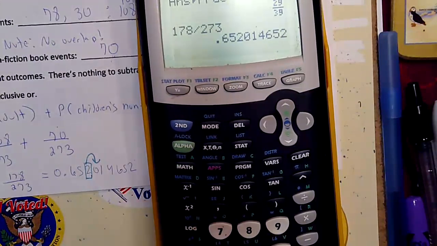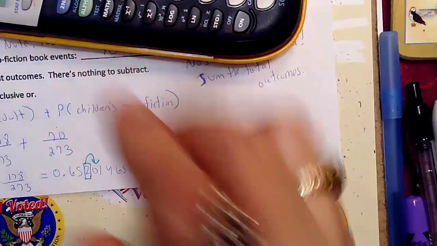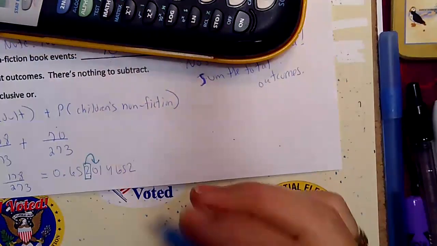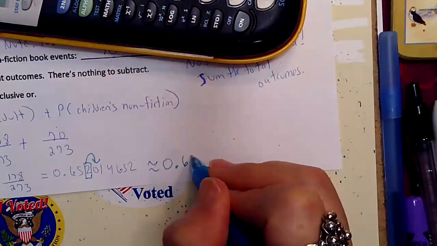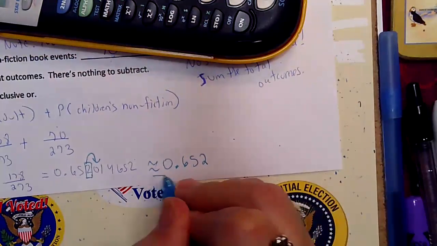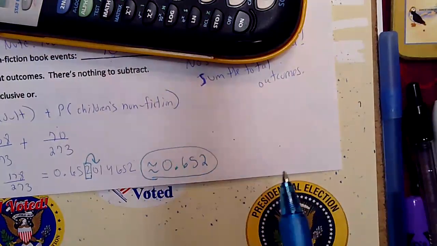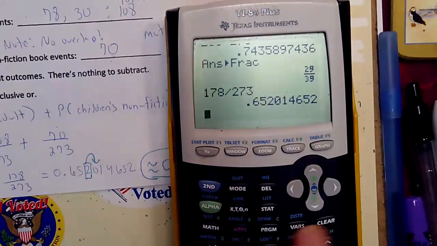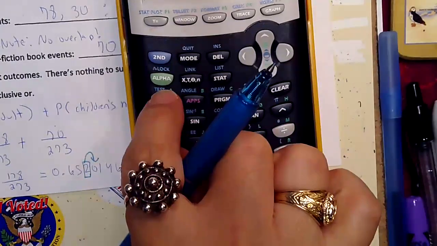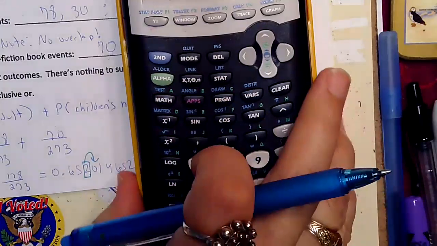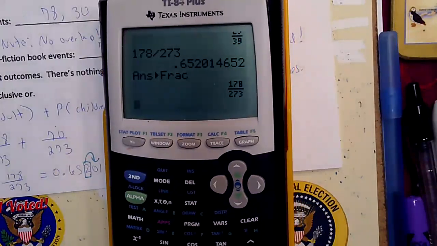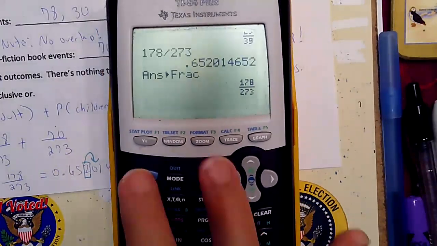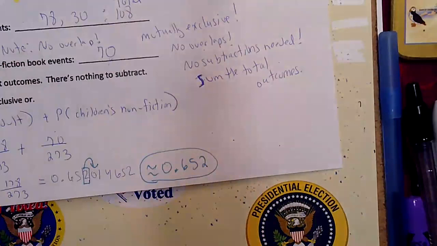No. No. Okay, and let me just see if that fraction can be reduced. If I do math, frac, and then enter, now see, I get the same thing back. Okay. Yeah, so I don't think that can be reduced.